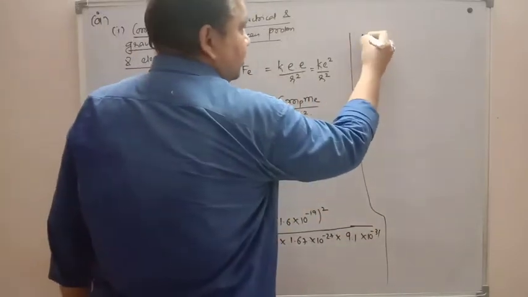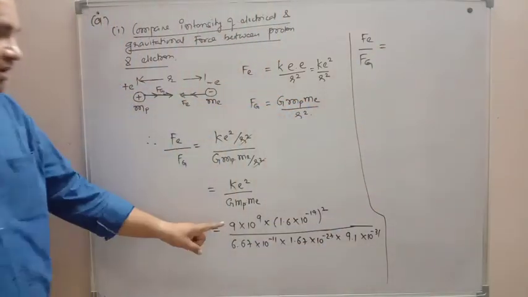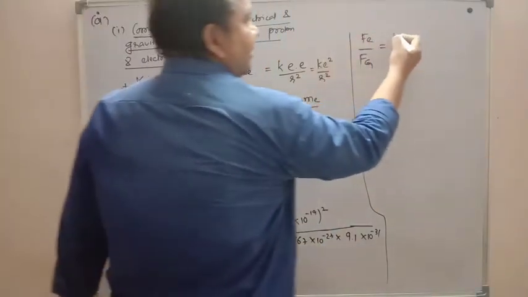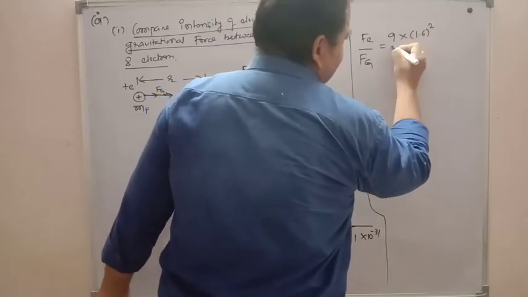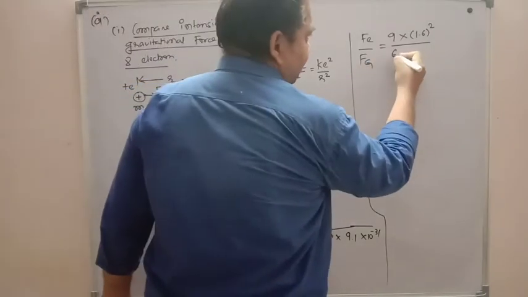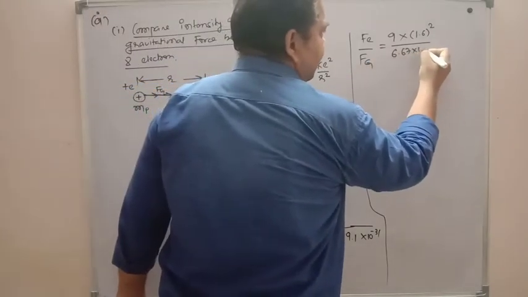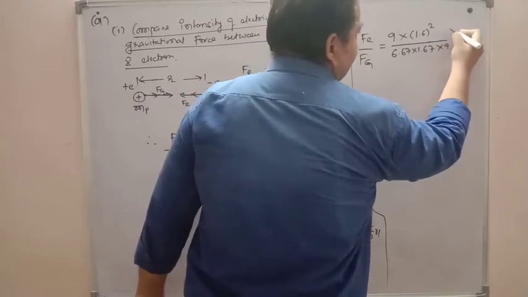So this value Fe by Fg will be, 9 will remain as it is, 9 multiplied by 1.6 square divided by 6.67 into 1.67 into 9.1.